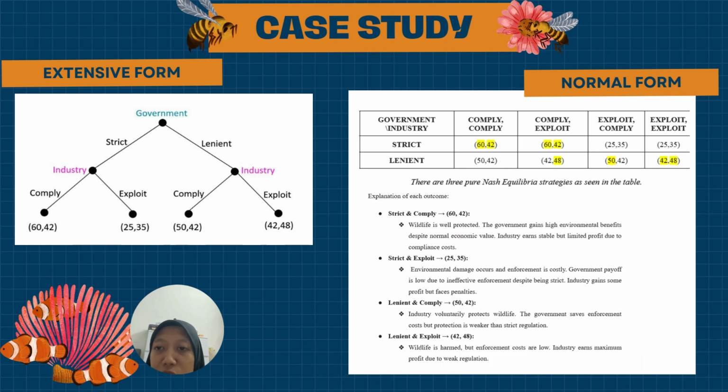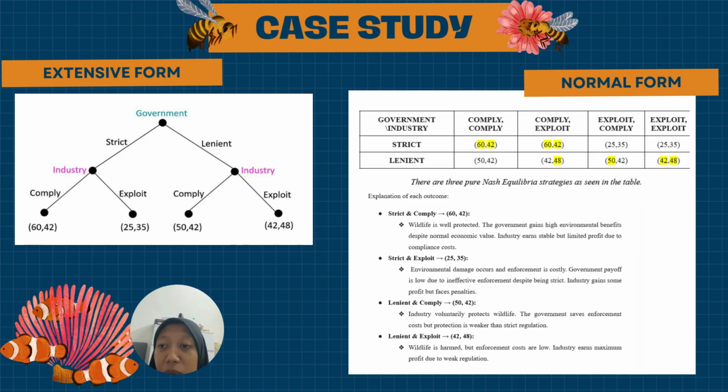The industry observes the government's policy and then decides whether to comply with the regulation or exploit the environment for economic gain. This sequence leads to four possible terminal outcomes with the associated payoffs listed. The first number represents the government's utility and the second number represents the industry's payoff. As detailed in our report, these payoffs are calculated using a specific utility function incorporating variables.